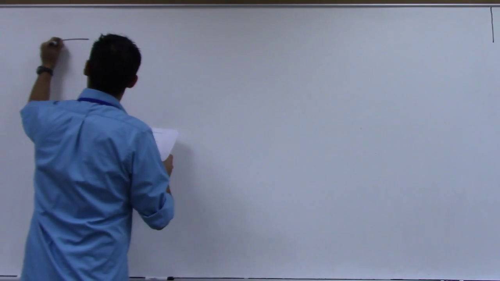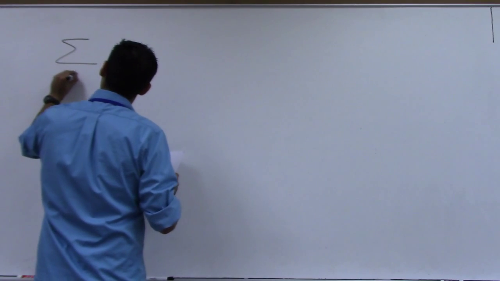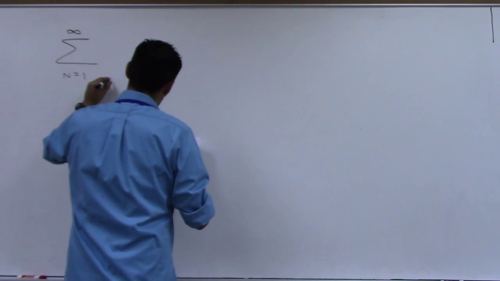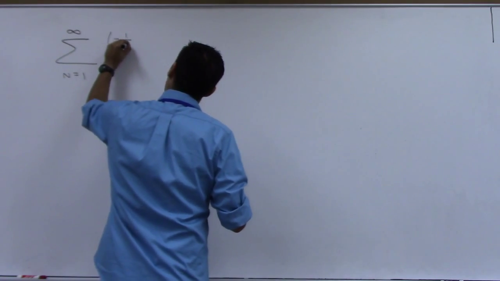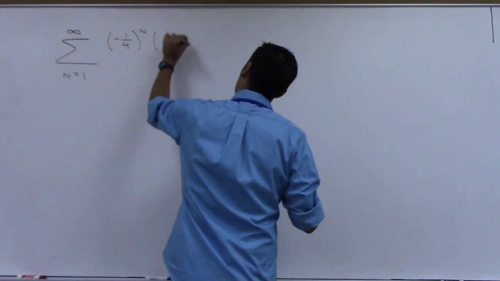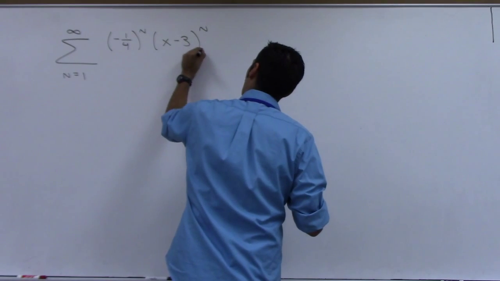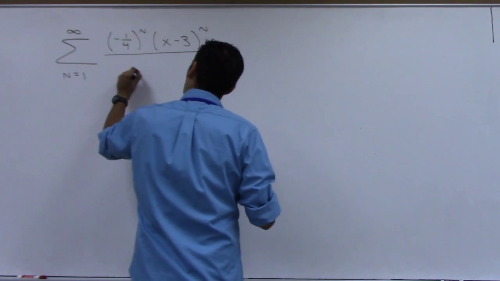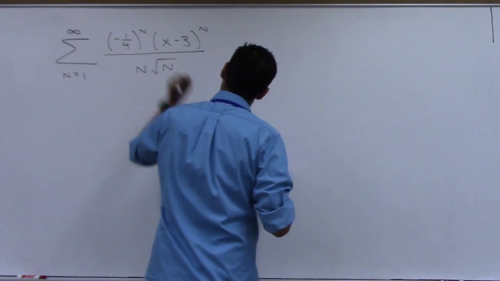Find the radius of convergence and the interval of convergence for the sum from n equals 1 to infinity of (1/4)^n times (x minus 3)^n over n root n.